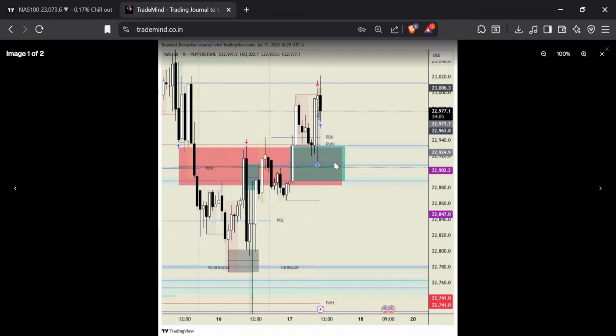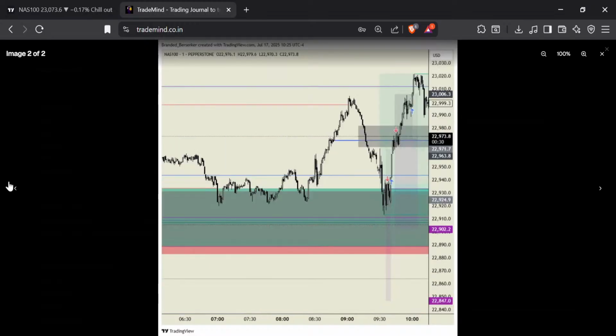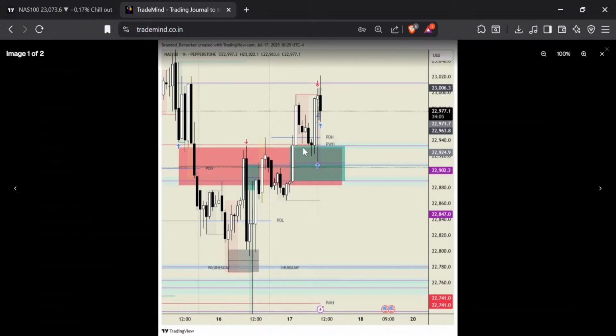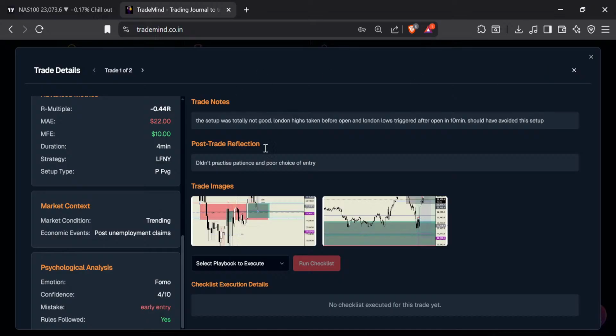There was a 1-hour FVG here, and if you can see, I think in the other screenshot, there is an SMT with ES inside this 1-hour FVG. So I should not have went short here, but I did, and I learned my mistake.